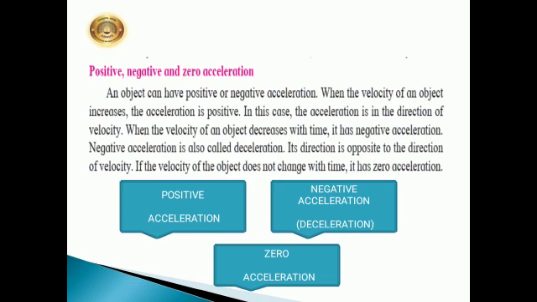Negative acceleration is also called deceleration. Its direction is opposite to the direction of velocity. If the velocity of the object does not change with time, then it has zero acceleration. Now let us see two examples based on this.